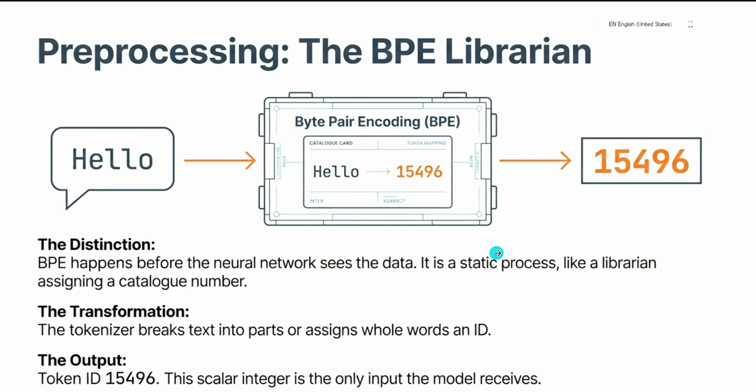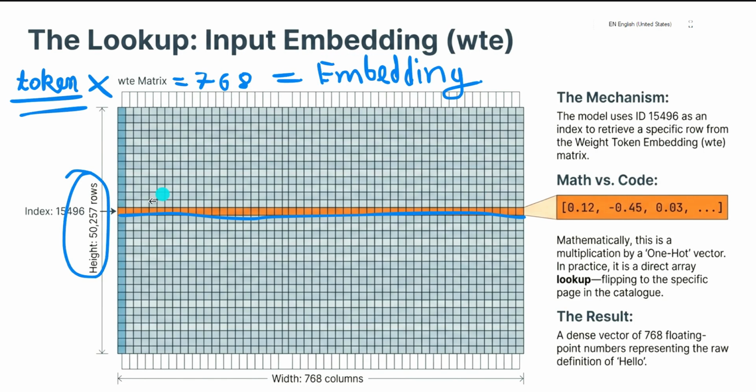If you have not seen my video on byte pair encoding, for a simple summary, we have this word hello, and we convert this word into a token using byte pair encoding. Now we are going to convert this token into an embedding.